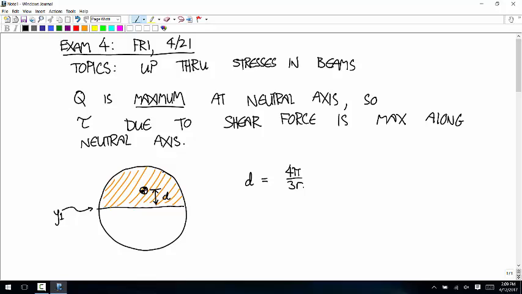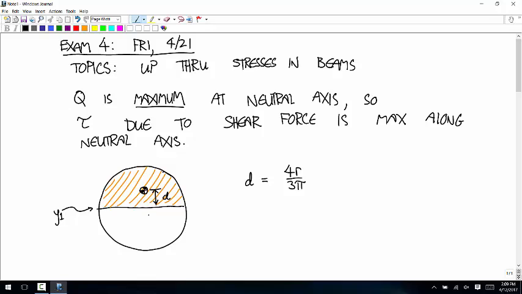That's just the location of the centroid, which is what I'm looking for. I think 4R over 3 pi. No, 4r over 3 pi. Okay, so 4r over 3 pi.